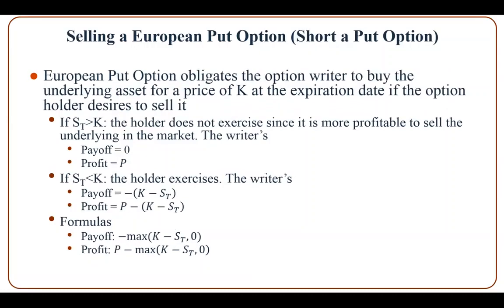A European put option obligates the option writer to buy the underlying asset for a price of K at the expiration date if the option holder decides to sell it.